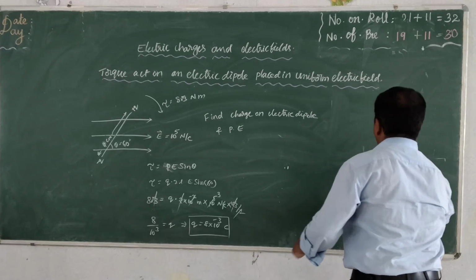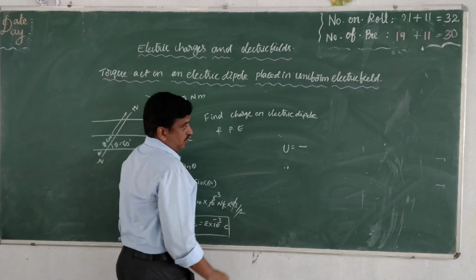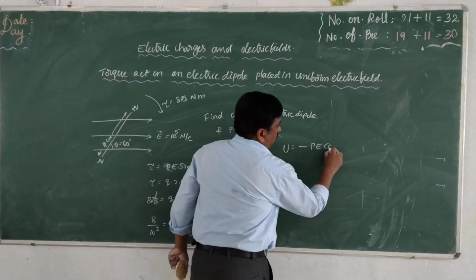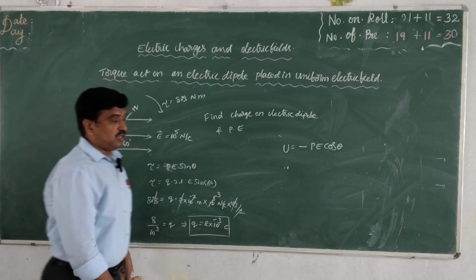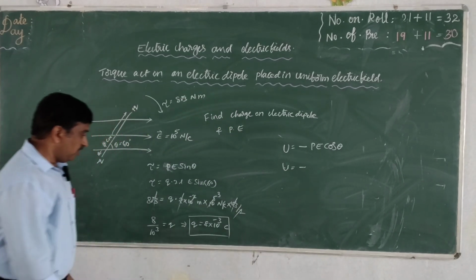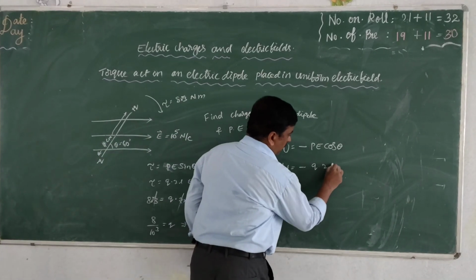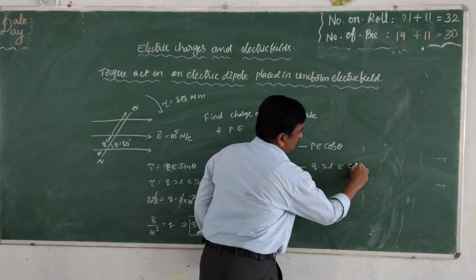The potential energy formula: U equal to minus PE cos theta. P means Q into 2L, so U equal to minus Q into 2L E cos 60.